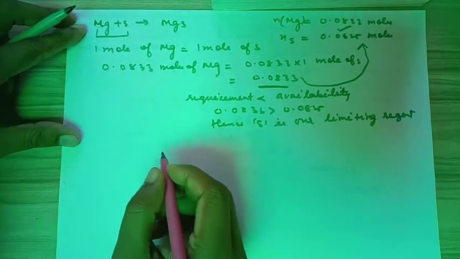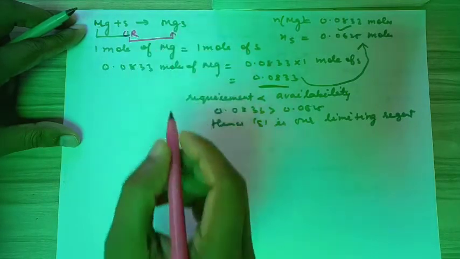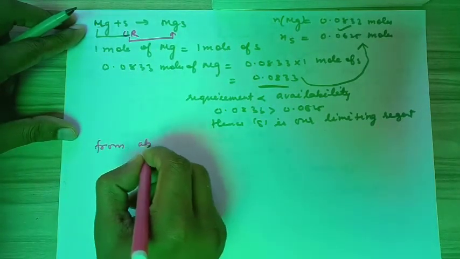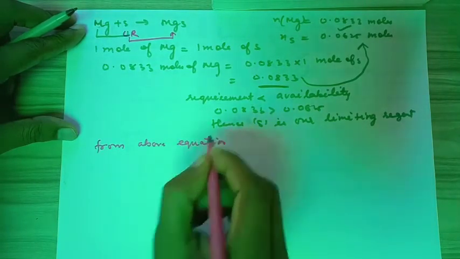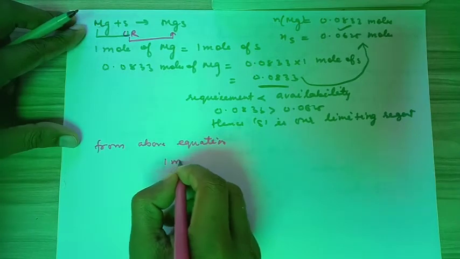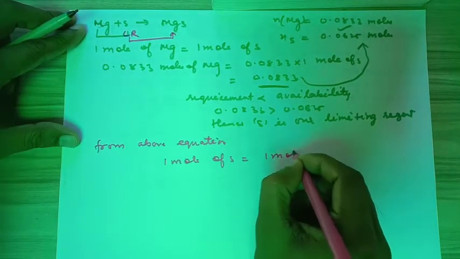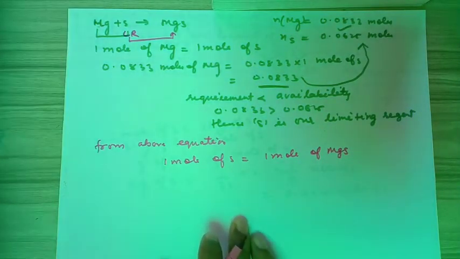Now using the equation, here sulfur is the limiting reagent, so this will decide the amount of MgS formed. So we can say from the above equation that 1 mole of sulfur will give us 1 mole of MgS.